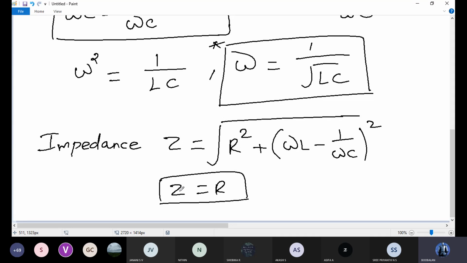So in a purely resistive circuit, what is the phase difference between the V value and the I value? Please check it yourself. Purely resistive circuit, what is the condition?